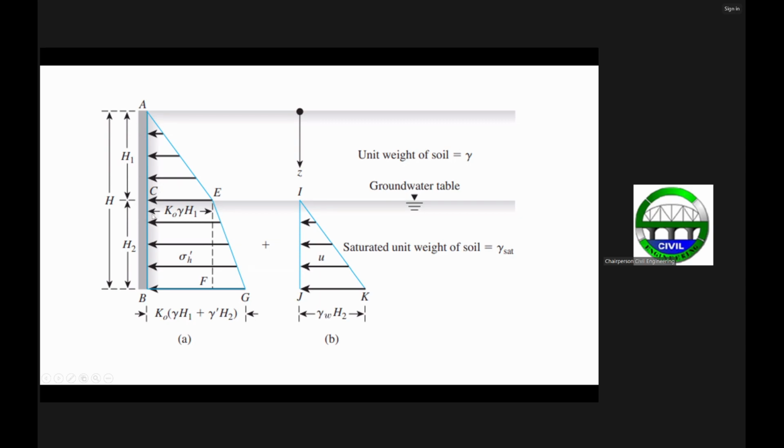To determine the horizontal effective pressure, you multiply it by the earth pressure coefficient if the wall is not moving.